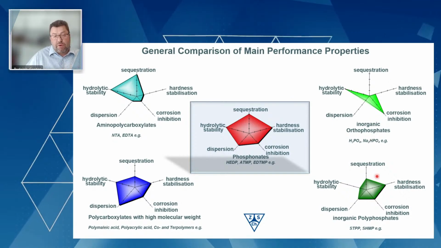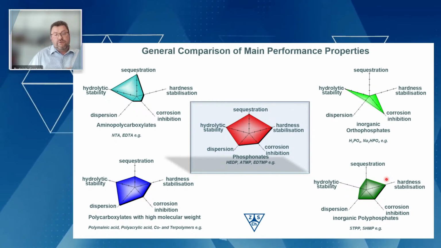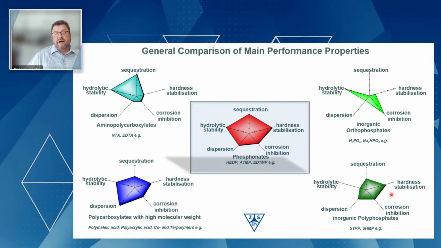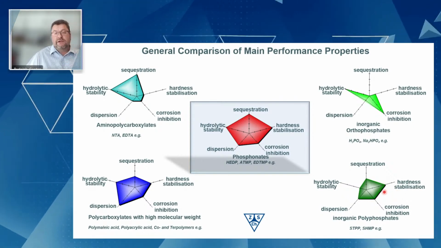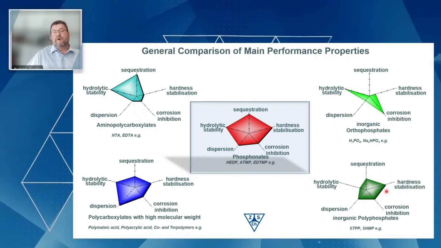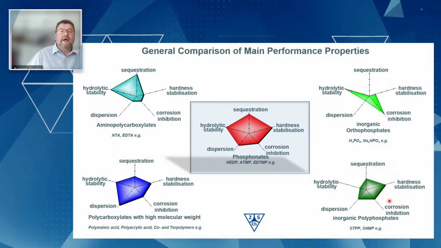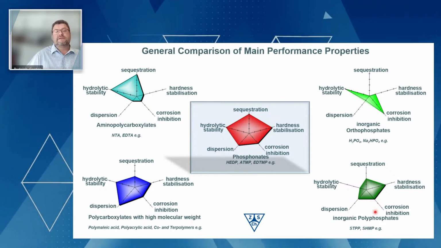In contrast, polyphosphates are indeed some kind of multifunctional products. So we have some hardness stabilization. Calgon, the first series of these hardness stabilizers, was based on polyphosphates. And we also have some dispersing or passivation effects.